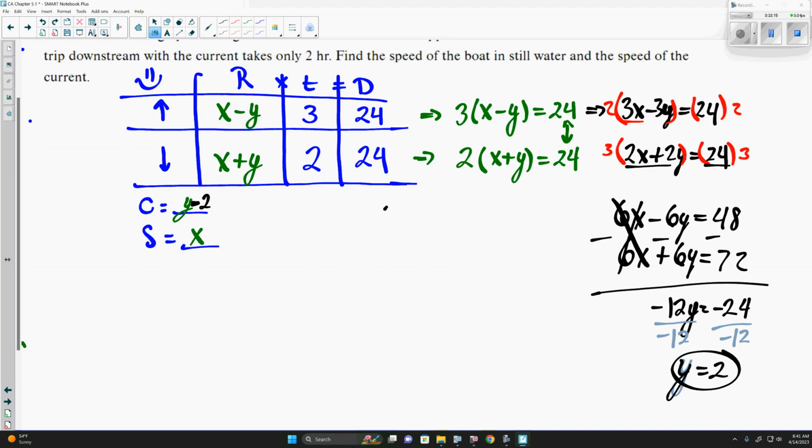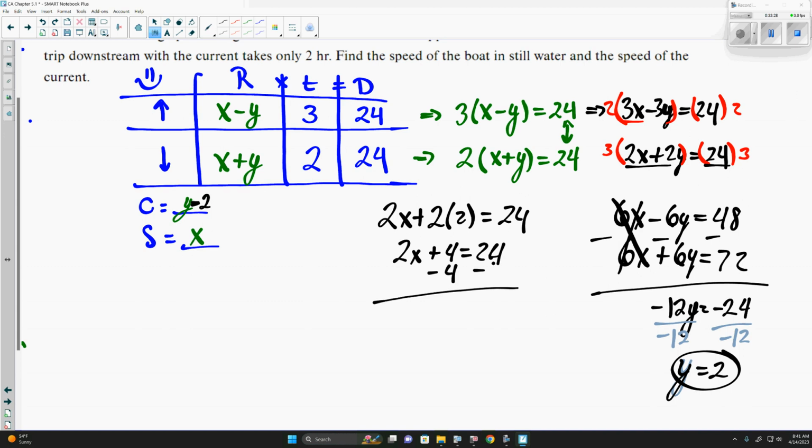So I can pick the bottom one, 2x plus 2 times y, 2 times 2, is equal to 24. 2 times 2 is 4. Minus 4 from both sides, telling us 2x is equal to 20, or that x is equal to 10.